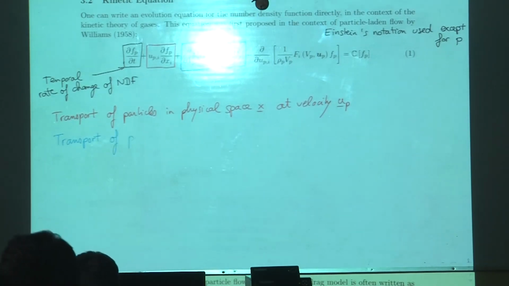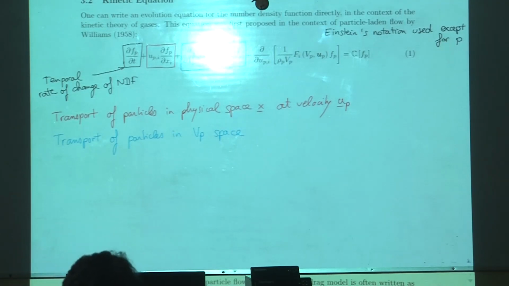So this is our transport of particles in Vp space. So the evolution, right? Remember, we wrote this number density function as a function of time, position, velocity, and volume. So it is expected that we should see transport in the volume direction as well.